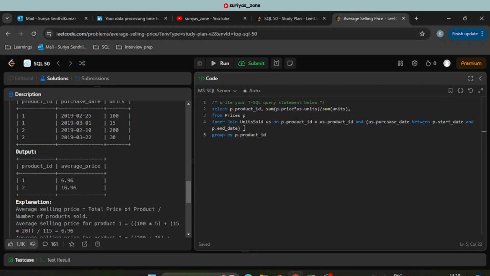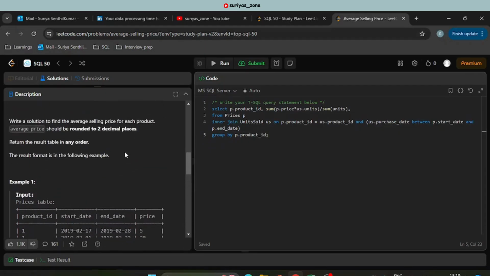Okay. So are they asking us to return in any specific order? No, they are not asking us to return in any specific order, but they are asking us to round this value to 2 decimal places.